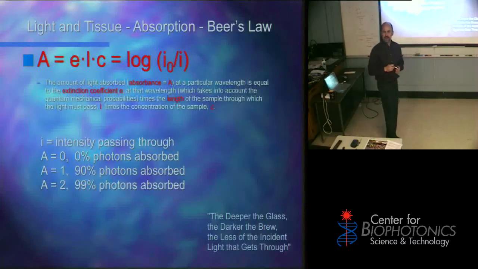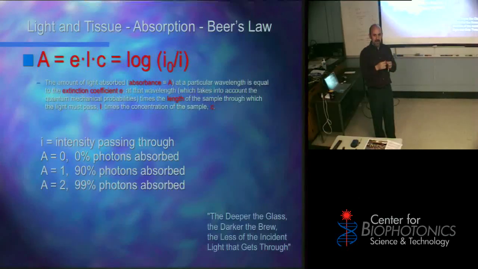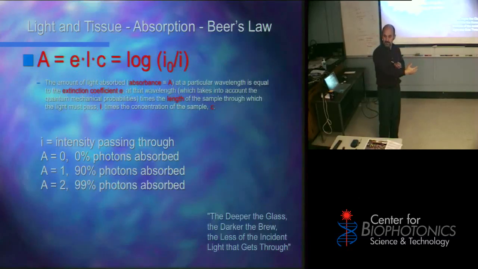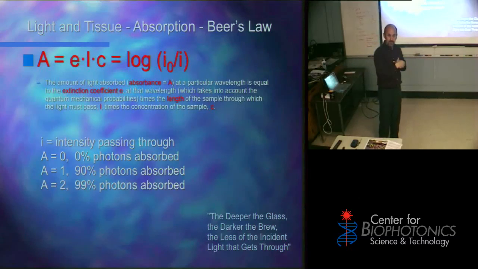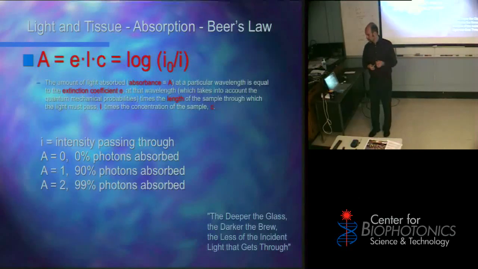Okay? So it kind of makes sense. If you were to take some food coloring and put it inside a little test tube, okay? If you put twice as much of the food coloring in the water, not as much light would get through. If you were to take a bigger tube with the same ratio of water to food coloring mixed together, not as much light will get through because it's a thicker piece going through. Okay? Does that make any sense?